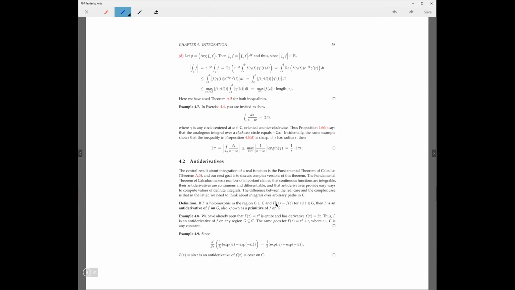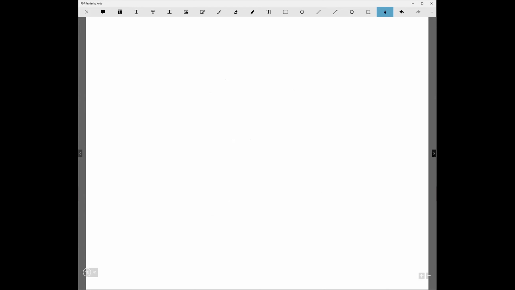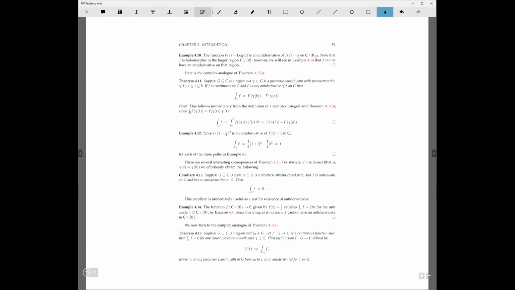It's the same as before. If you have a function where F prime of z equals little f of z, so capital F is an antiderivative of little f. That's where you take the derivative of capital F and you get little f. And you have the fundamental theorem of calculus. But there's a bunch of conditions that you have to have satisfied.